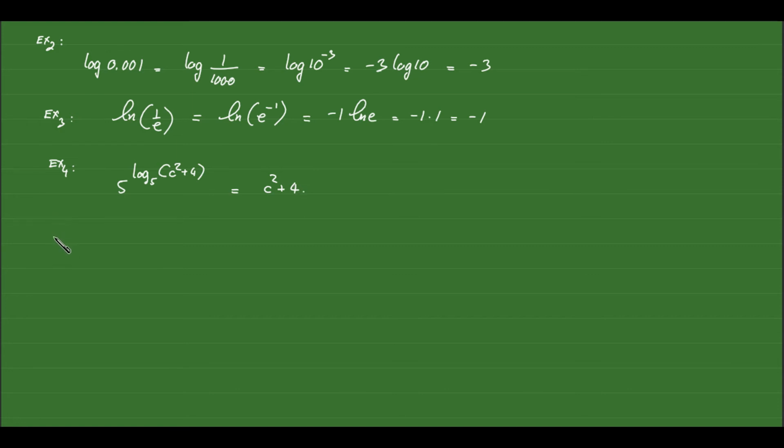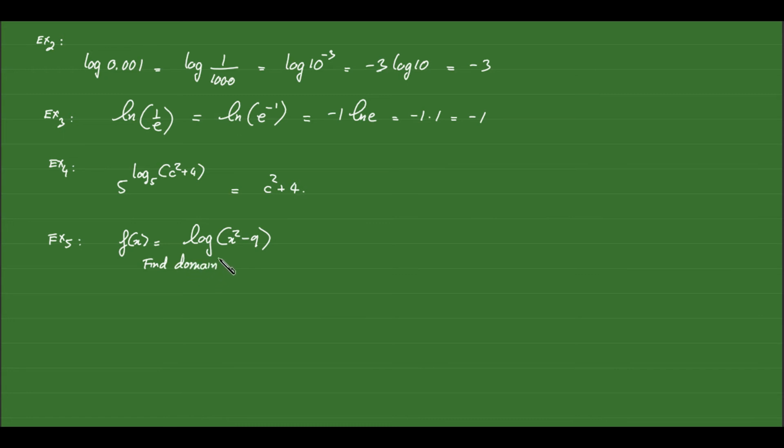Now in example number 5, I'm going to give you another example of how to find the domain of a log function. What if I have f of x equals log base 10, and I'm not going to write the base, of x squared minus 9. I want to find the domain of this one.